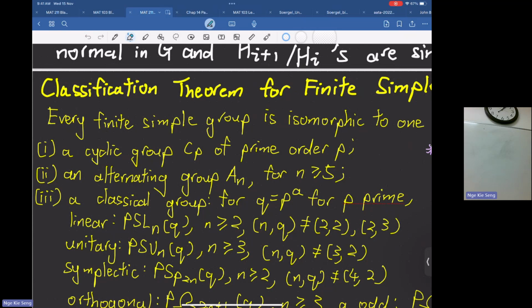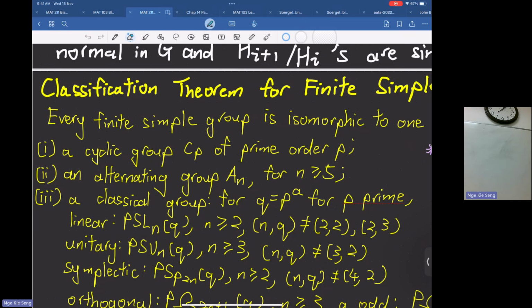And how they discovered this monster group is through representation theory, which is a group action. We will learn it soon. I cannot describe this to you because they use generators and relations, which is the free group. We will do it: how do we describe a group using just generators and relations? I cannot write all the elements for you.